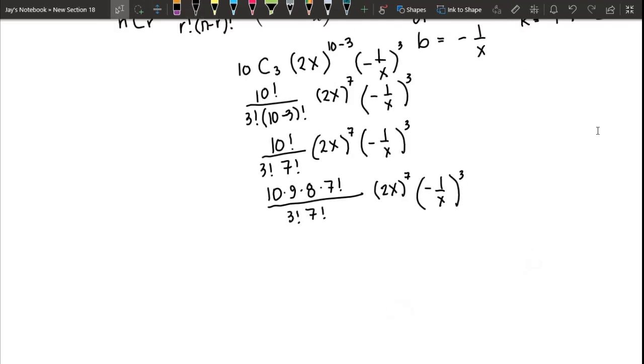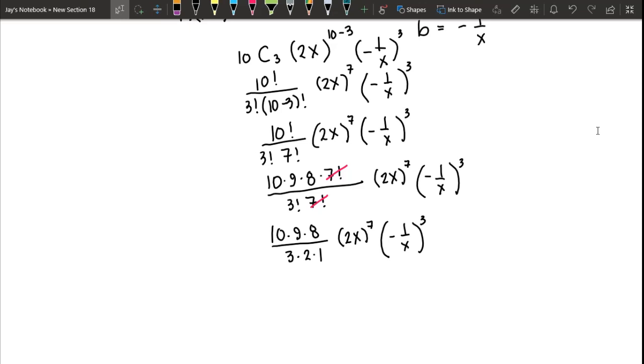Now we can cancel this out, and what remains is 10 times 9 times 8 divided by 3 factorial, which is 3 times 2 times 1, times 2x raised to 7 times negative 1 over x raised to 3. So we can multiply it directly.